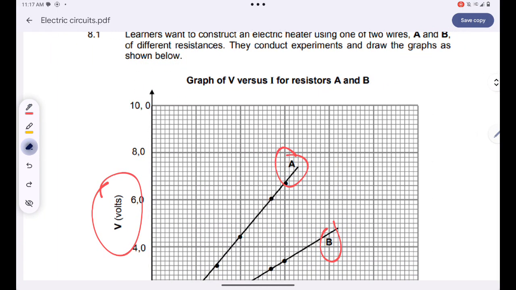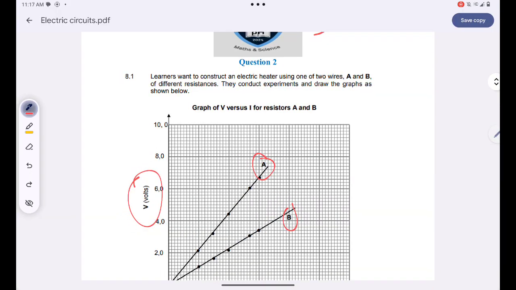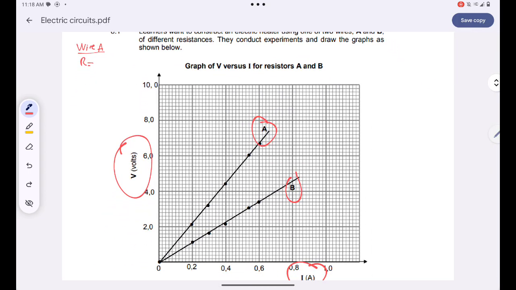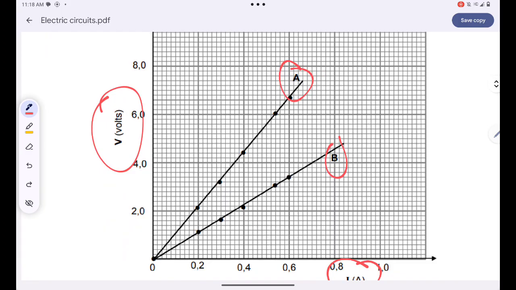Let's first focus on wire A. The resistance for wire A we'll find by simply calculating the gradient: change in y over change in x. Let's take this point over there. But for me to take that point, I need to know the amount of potential difference I have.